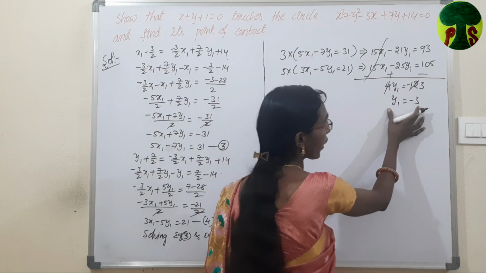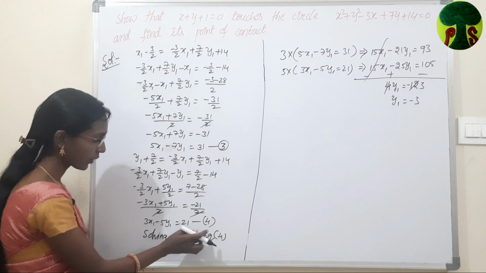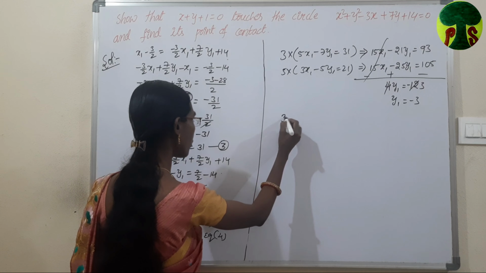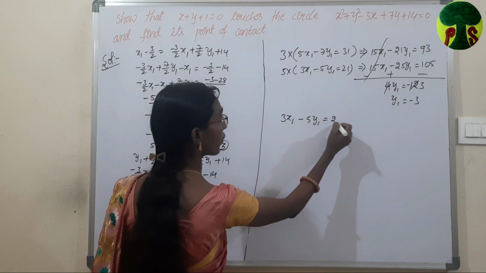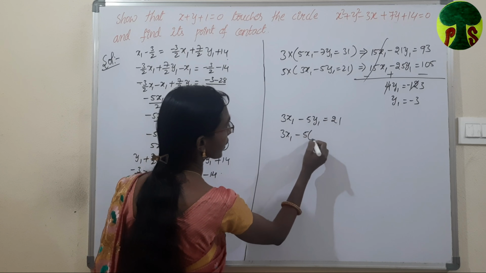Now substitute y1 is equals to minus 3 either in equation 3 or in equation 4. I will substitute in equation 4. Equation 4 is 3x1 minus 5y1 is equals to 21. So 3x1 minus 5 into minus 3 is equals to 21. 3x1 minus into minus plus 5 3 is 15 is equals to 21. 3x1 is equals to 21 minus 15.